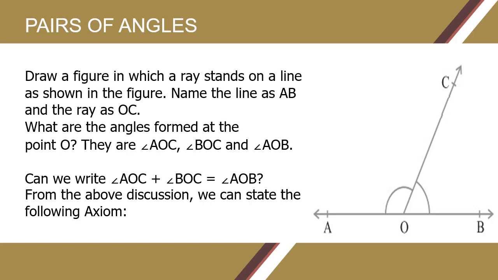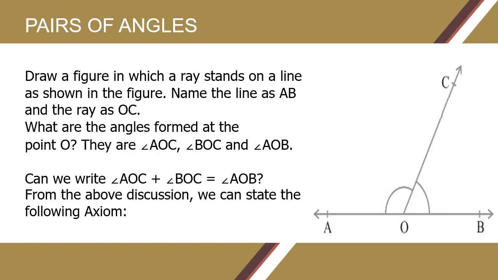Draw a figure in which a ray stands on a line as shown in the figure. Name the line as AB, which is your baseline, and the ray OC. Now, what are the angles formed at point O? You will get angle AOC and angle COB.